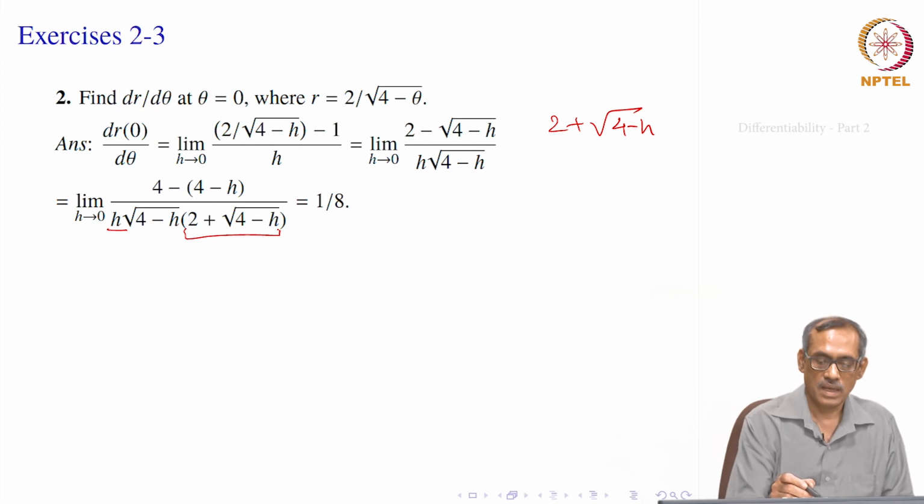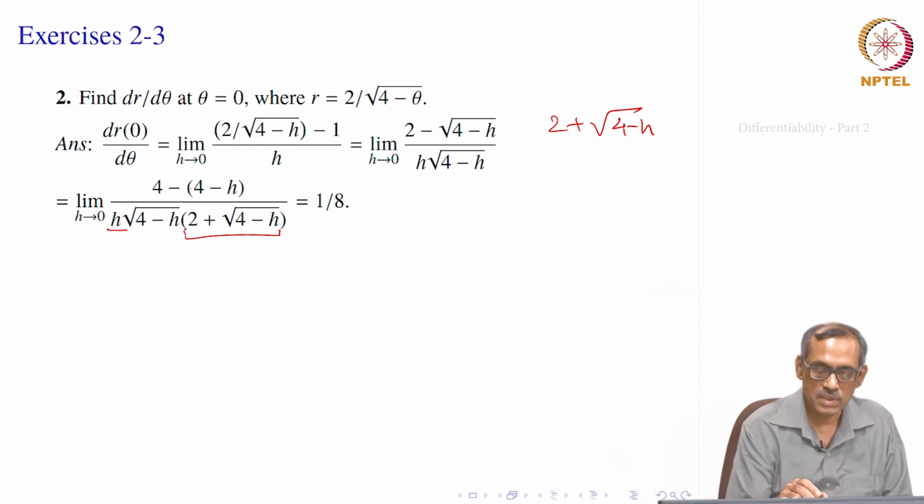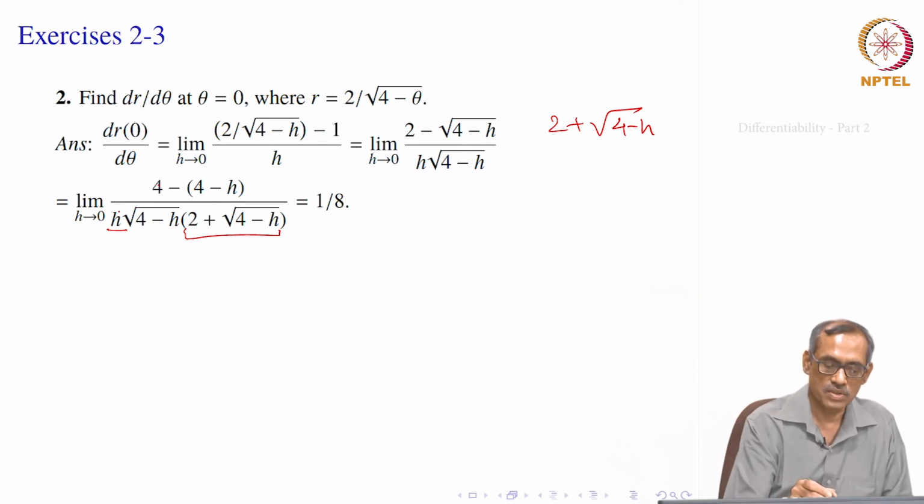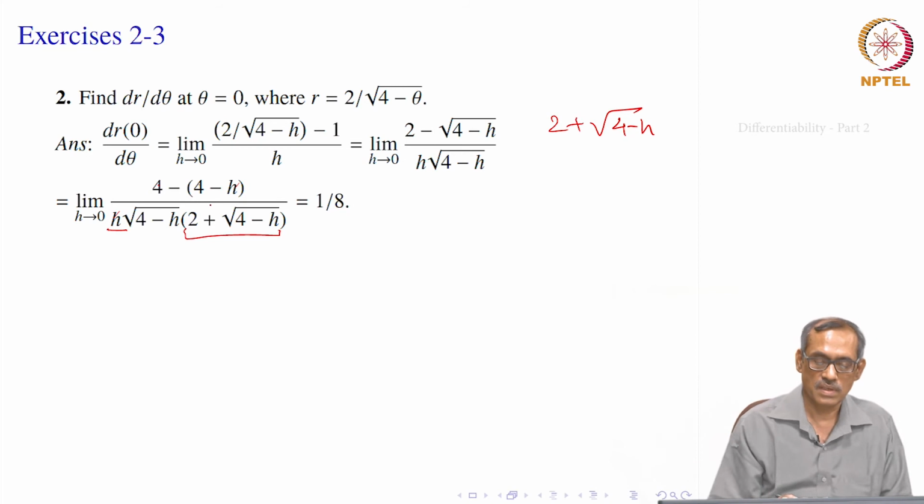Now, when you simplify the numerator, 4 and 4 cancel and this becomes positive h, that h cancels with this. So, once that is cancelled, you have 1 in the numerator. In the denominator, if h goes to 0, you get 2 for the first factor, into the next, which is 2 plus 2. So, it is 4 into 2, 8. So, the answer is 1 divided by 8.